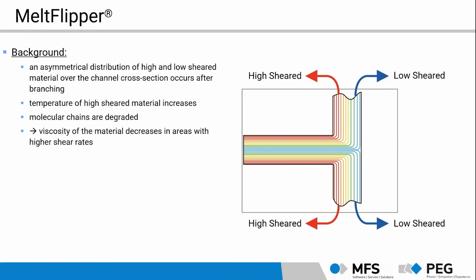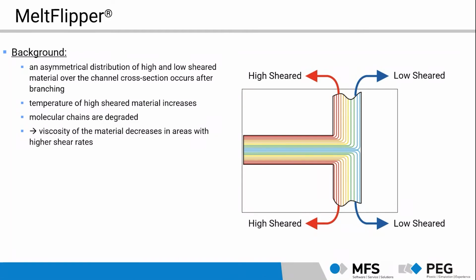So what happens when it comes to a branch or a split in the runner? We can see that in this picture. We get a non-uniform viscosity distribution over the cross-section of the channel with, let's call it, a left-right imbalance. I will show this again with my hands, so hopefully you can see me now in my camera. Think about this donut geometry.